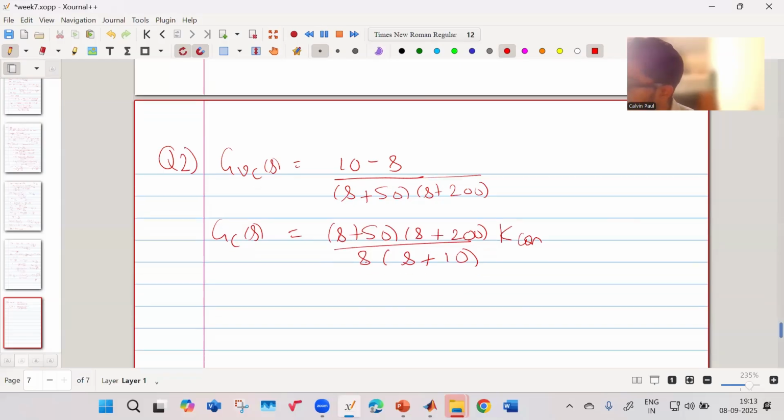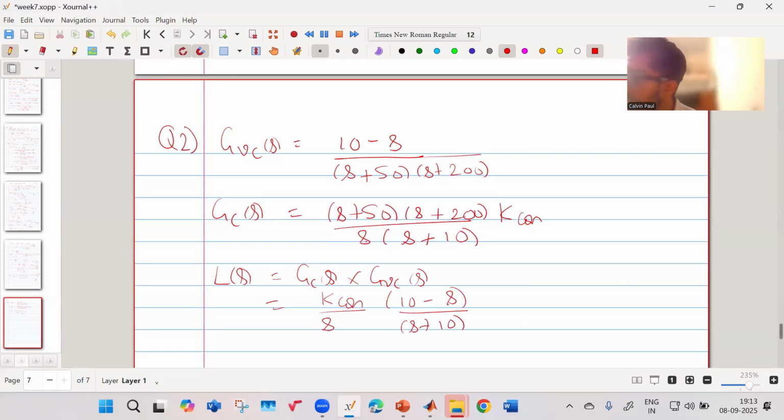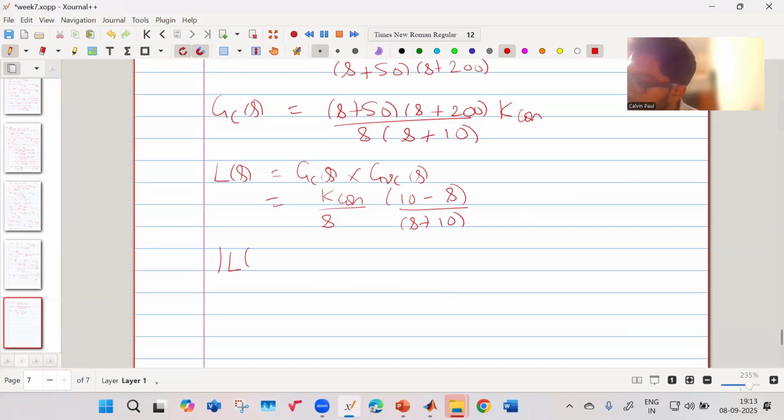Now my loop is G_C of S into G_VC of S. That becomes K controller over S into 10 minus S over S plus 10. So again, the magnitude is K controller by omega, and the angle of L of j omega is equal to minus 90 minus 2 tan inverse of omega upon 10.